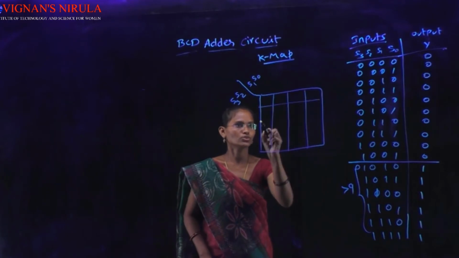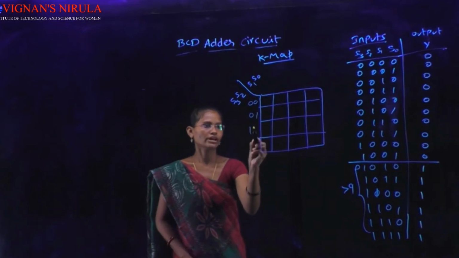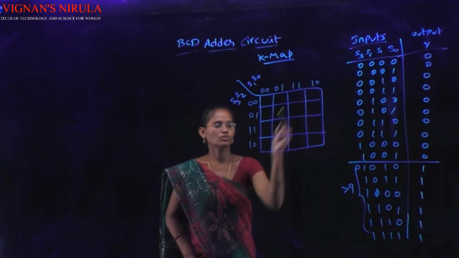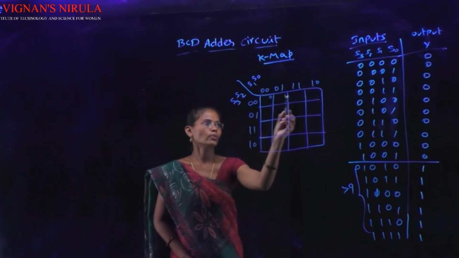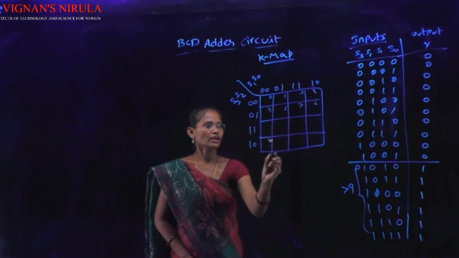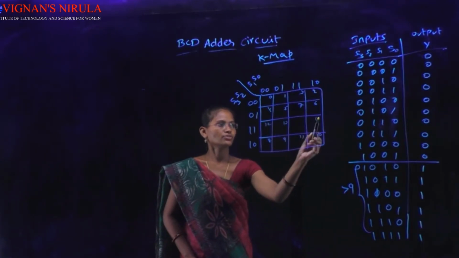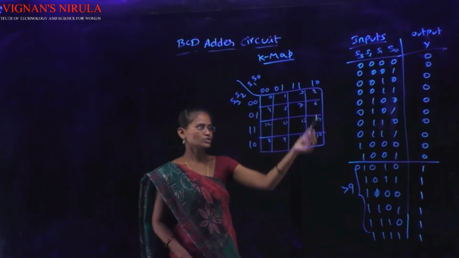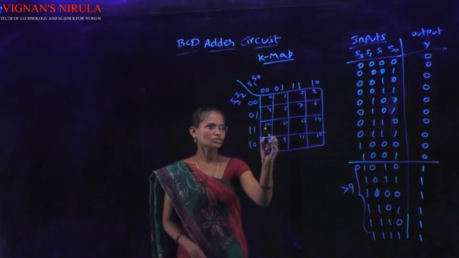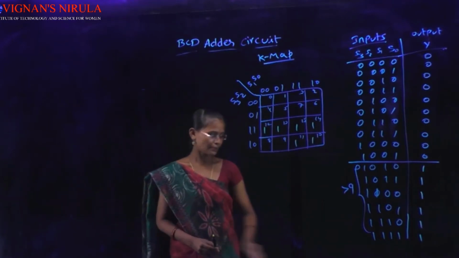We are taking a 4-variable K map with the codes 0 0, 0 1, 1 1, 1 0 on both axes. The cells are 0, 1, 2, 3, 4, 5, 6, 7, 8, 9, 10, 11, 12, 13, 14, 15. In the truth table, the values greater than 9 are ones, so 10, 11, 12, 13, 14, 15. We are mapping these cells.